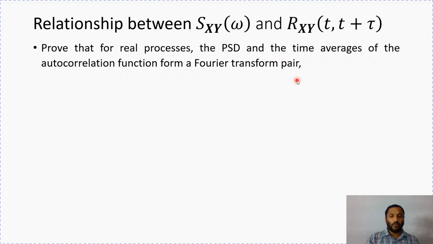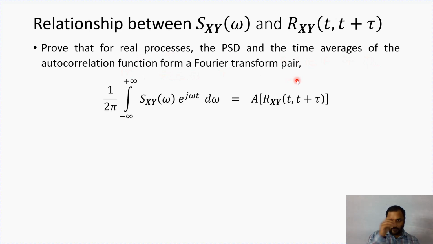So first we will take the following. This proof is almost identical to the proof that we have gone through for the other Fourier transform pair, for the power density spectrum of a random process and the autocorrelation function.